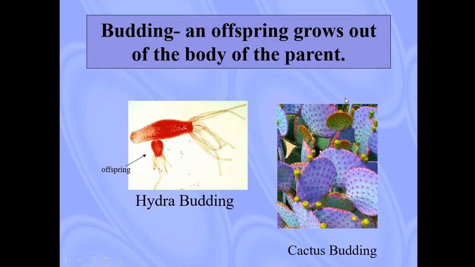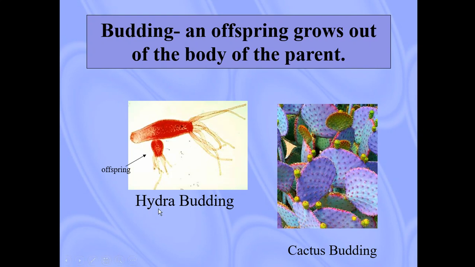Okay? So for budding, pag sinabi natin class na budding, bud, an offspring grows out of the body of the parent. So ibig sabihin, parang umuusbong siya sa katawan ng parent. Then after that, it will become another organism. So tingnan nyo to, this one is a hydra.